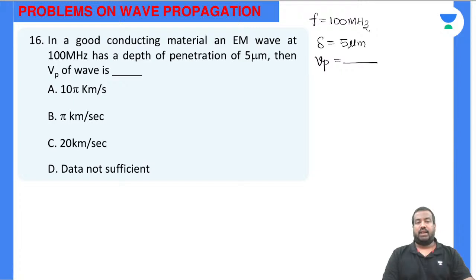Vp, the phase velocity of the wave, is dash. Very good question. This is a previous year question paper question, a very important model, concept oriented. Please try to solve.